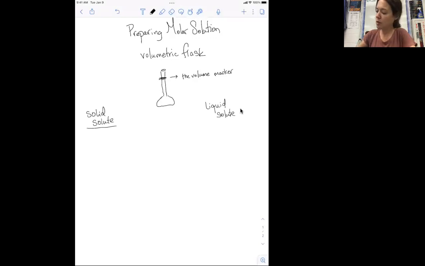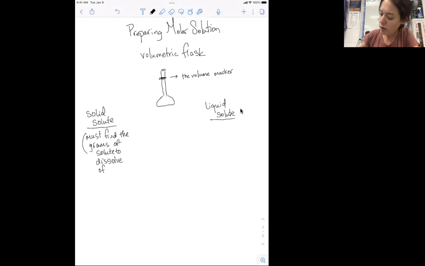If your solute is in solid form, then you must find the mass in grams of solute to dissolve in water. So if what you're making your solution out of is a solid substance, you need to find the mass of that substance, and then you dissolve that mass in water.